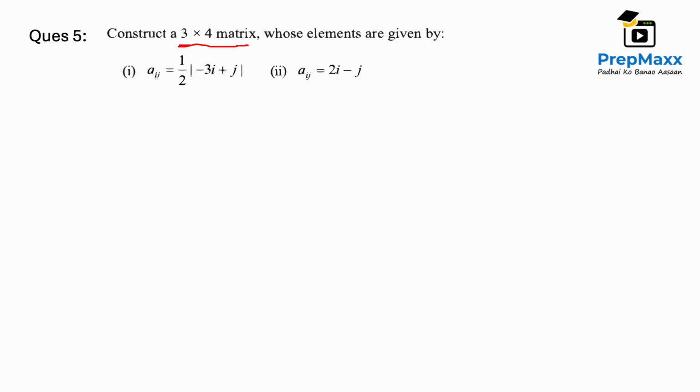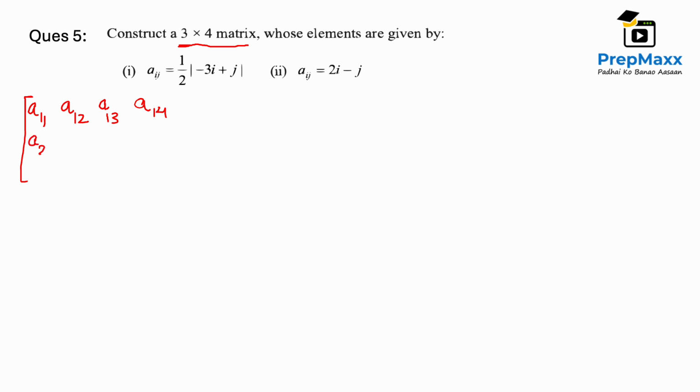Alright, so let's begin. So again, in order to develop a 3 by 4 matrix, we need elements such as A11, A12, A13 and A14, right? Because it has 3 rows and 4 columns.